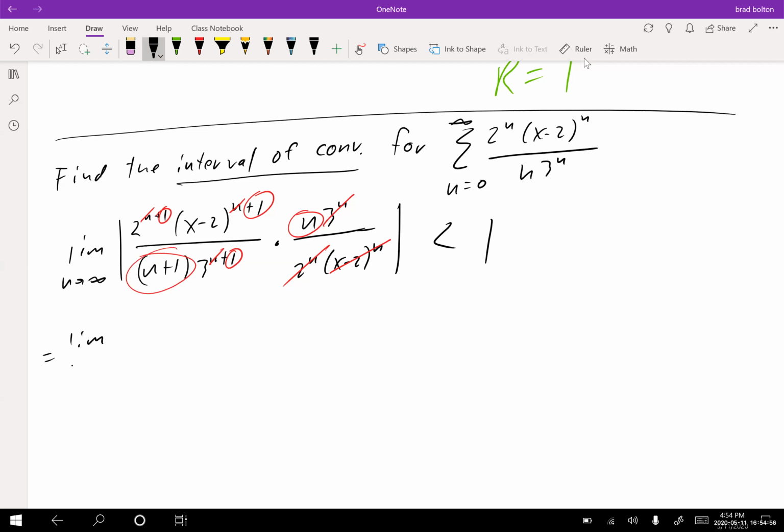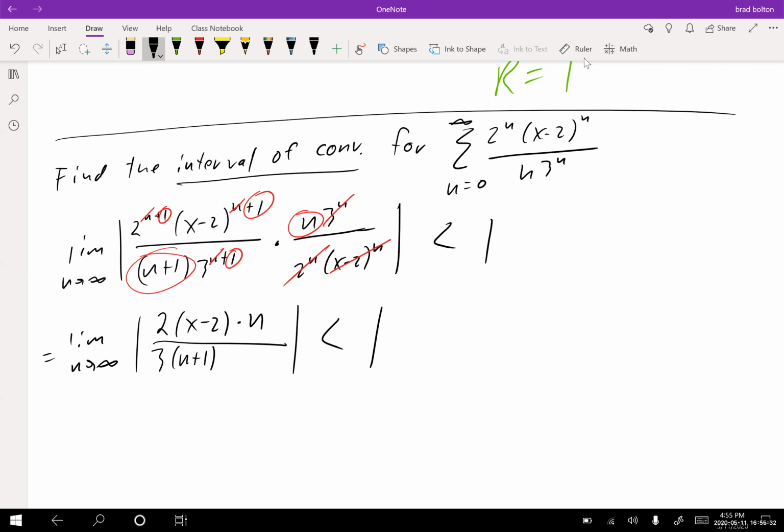So this will be the limit as n approaches infinity of the absolute value of 2 times (x minus 2) to the 1 times n, all over 3 times (n plus 1). What else do we have left? I think that's it.